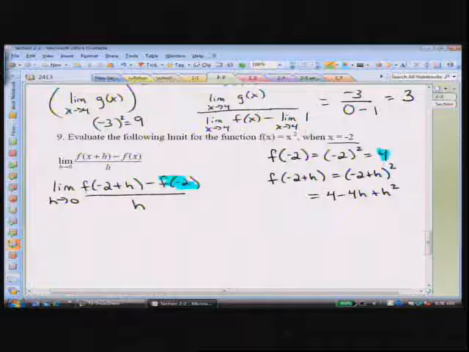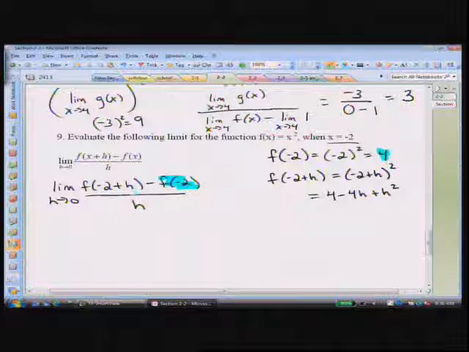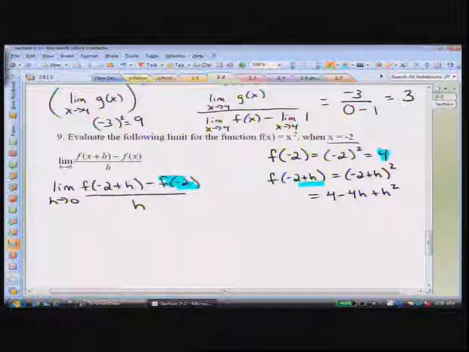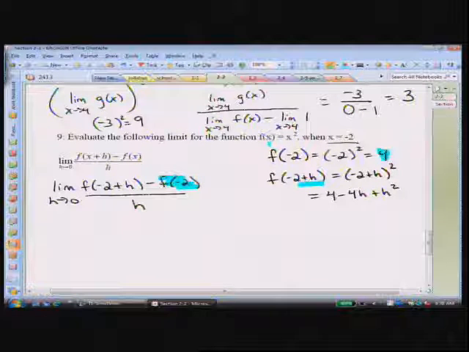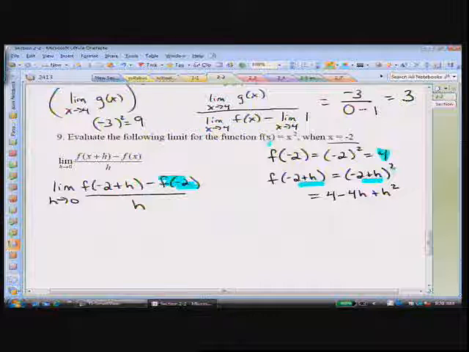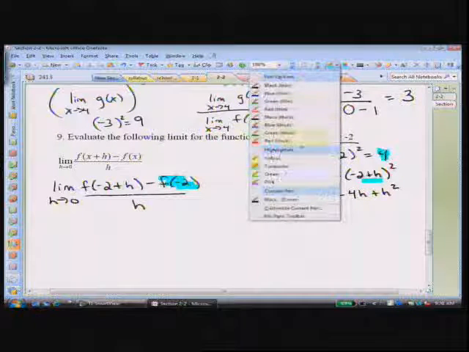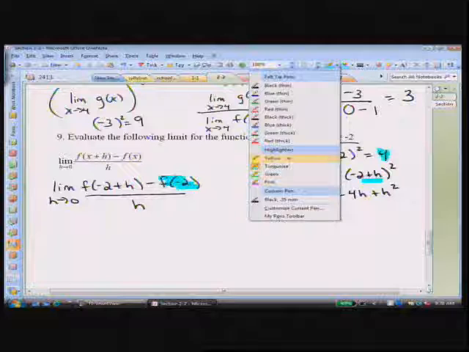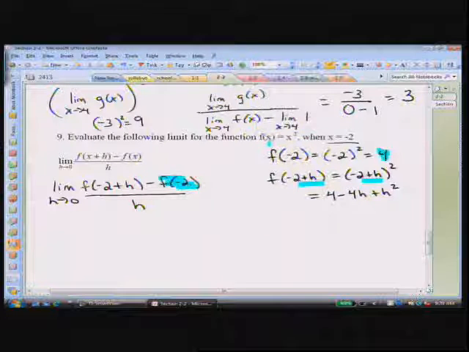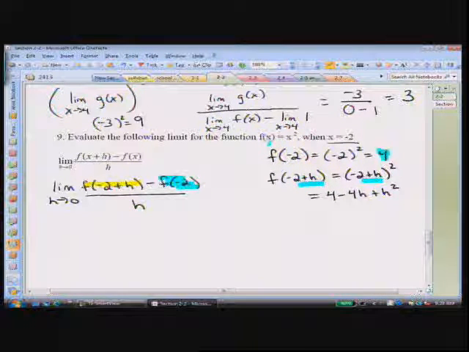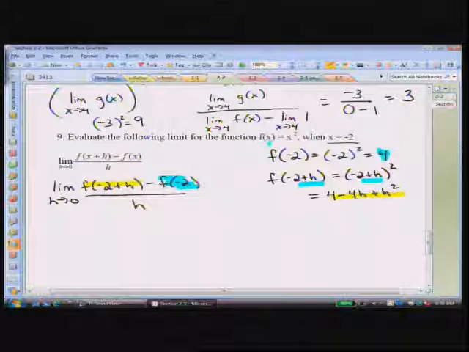Now, I need to figure out what f of negative 2 plus h is. Negative 2 plus h becomes like my x. That's why I have negative 2 plus h quantity squared. Then I replace this entire expression with what it's equal to, which is 4 minus 4h plus h squared.